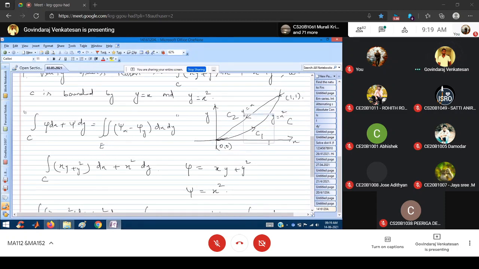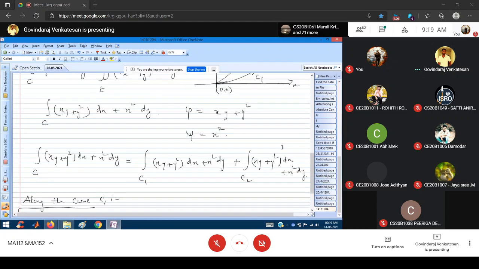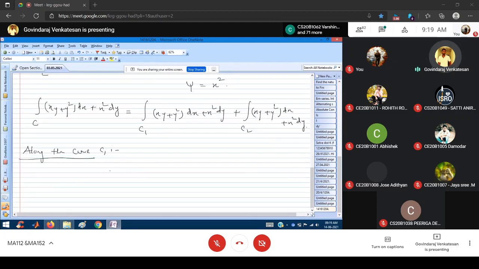So along the curve C1, the value of y is x square, and x varies from 0 to 1. From here, can you find the value of dy? dy is nothing but 2x into dx.